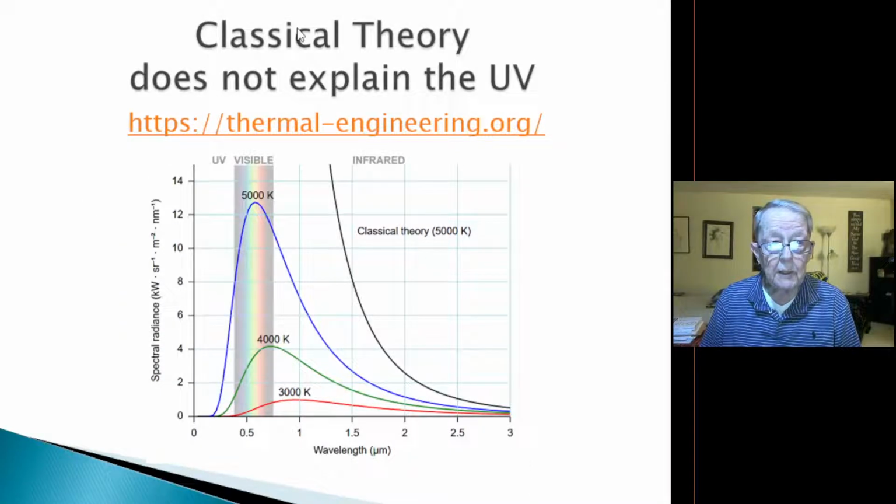Okay, so classical theory does not explain the ultraviolet. I'm just repeating this to point out that you do get visible light coming out when it's heated up very hot. Even though you might not see it with your eyes, it's sensitive enough to be measured.